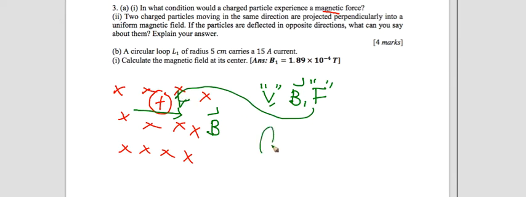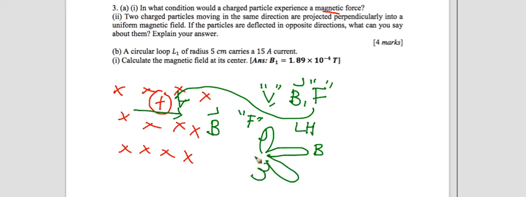So you can use your left hand, right? The first finger is the direction of the force, your thumb is the direction of B, and the second finger is the direction of V. This is the speed of the charge.